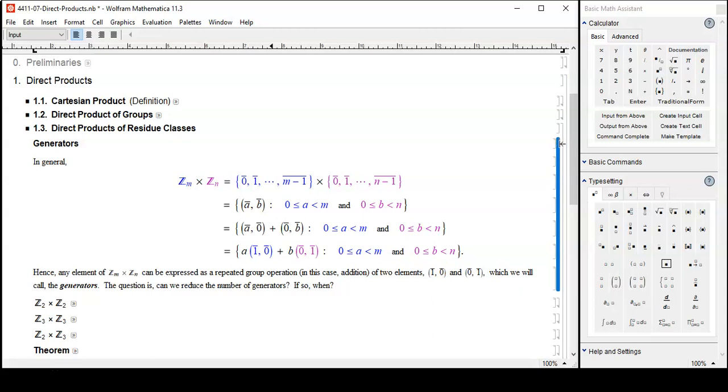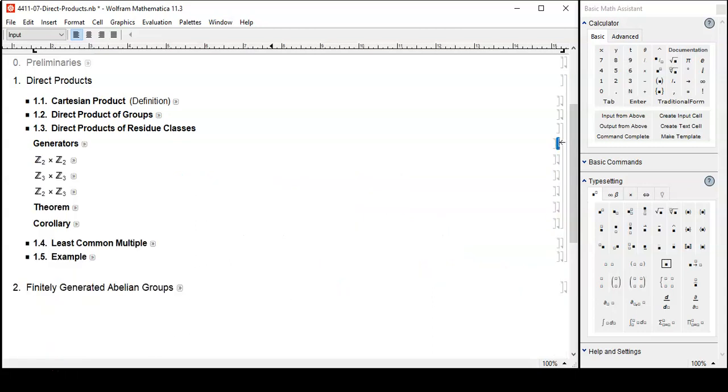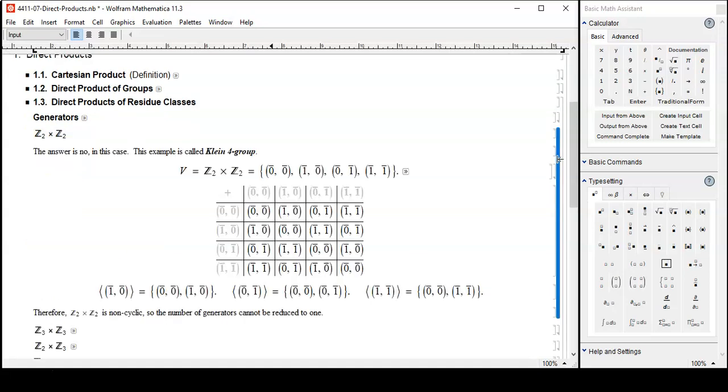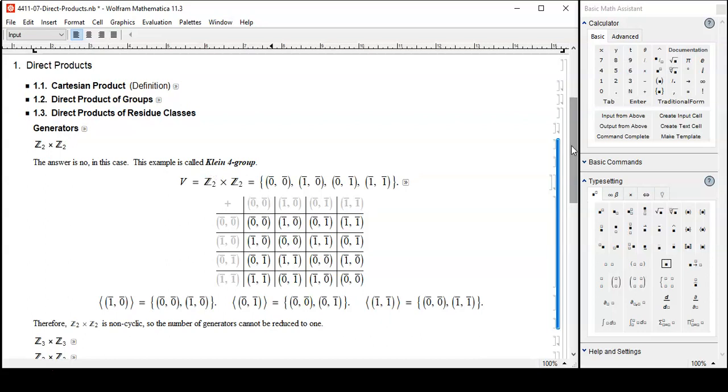Of course, not that complicated, but for simpler cases. Z2 times Z2. Of course, there are 2 generators, (1, 0) and (0, 1). Can we bring it down to just a single generator? The answer is no. Z2 times Z2, also known as Klein's 4 group, has this structure: (0, 0), (1, 0), (0, 1), and (1, 1).